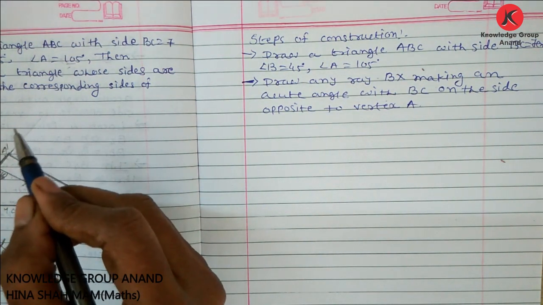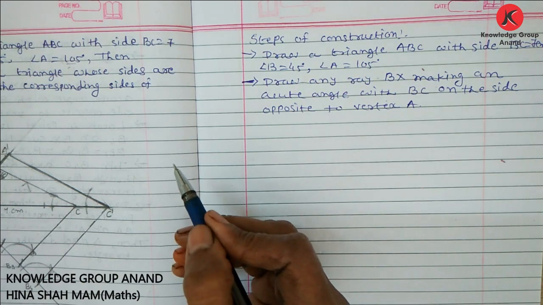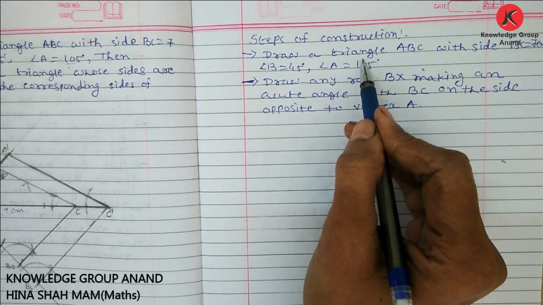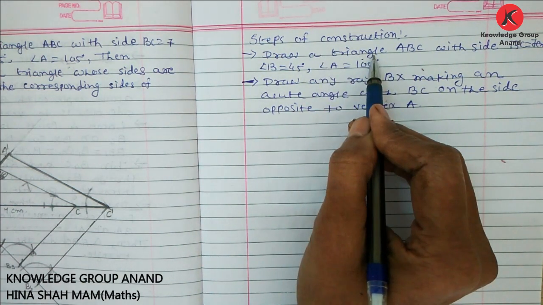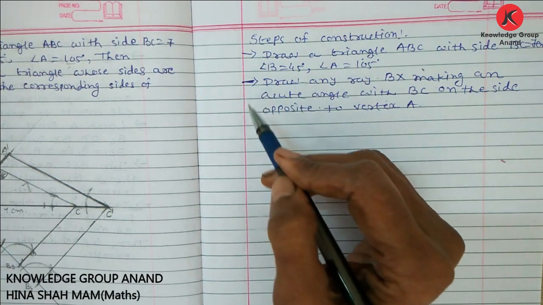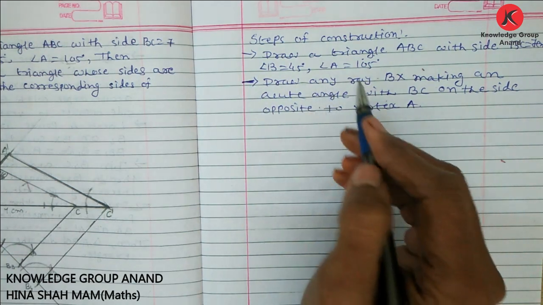Question number 2, 3, 4, 5, 6. First is given triangle. Write its steps. Second step, draw any ray BX such that.